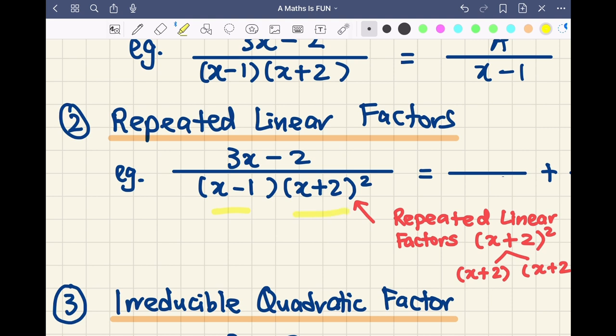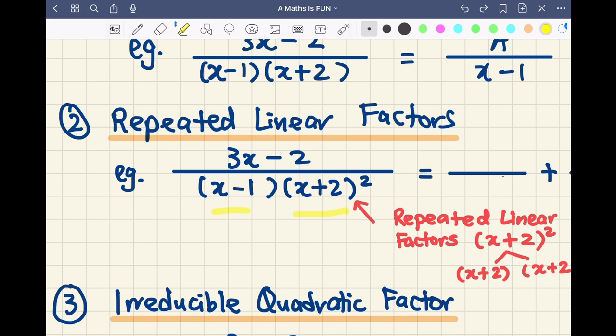So how do you recognize this? In this case, there will be a square outside of the bracket containing the linear factor. So in here, you have x plus 2 as the linear factor, but outside of the bracket, there is also a square, which means (x plus 2) squared is actually just x plus 2 times x plus 2. So this linear factor of x plus 2 gets repeated.